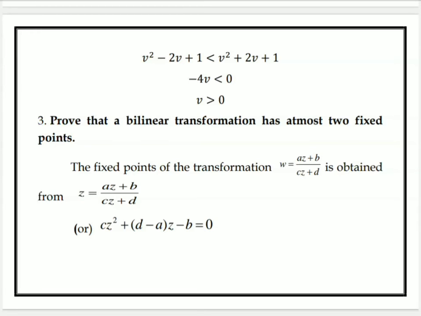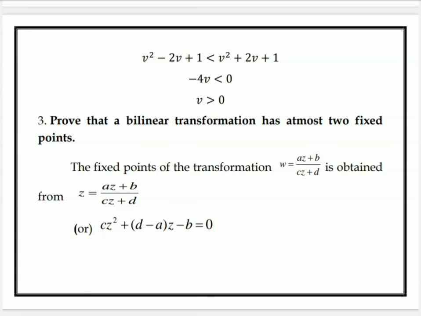So plus 2V comes here, minus 2V minus 2V, that is minus 4V is less than 0. So minus 4V is less than 0; the minus 4 goes over and you get V greater than 0. This is the W plane mapping, the upper half of the W plane mapping.